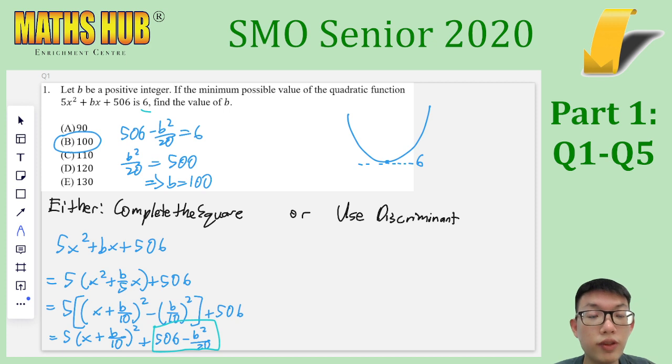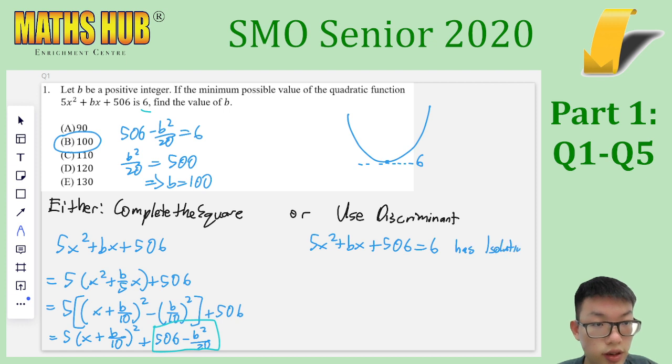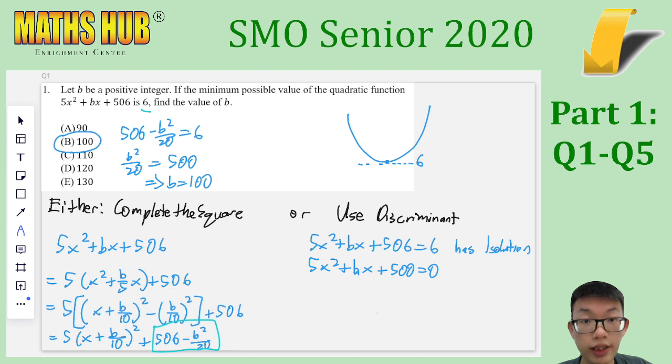The point of noticing the minimum is 6 is that it only touches it once. This is a tangent line. So that means that 5x squared plus bx plus 506 equals 6 should only have one solution. Now if we move this 6 to the left hand side, 5x squared plus bx plus 500 equals 0 has one solution, and that means that your discriminant is equal to 0.